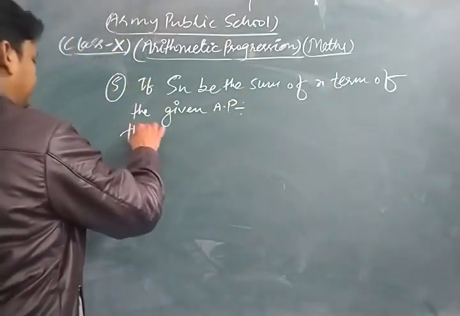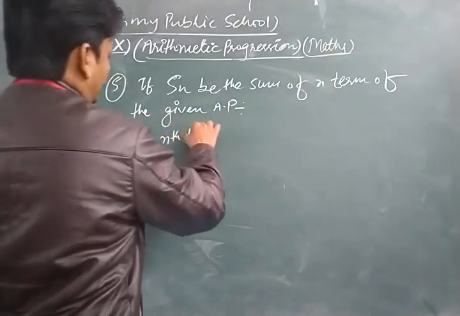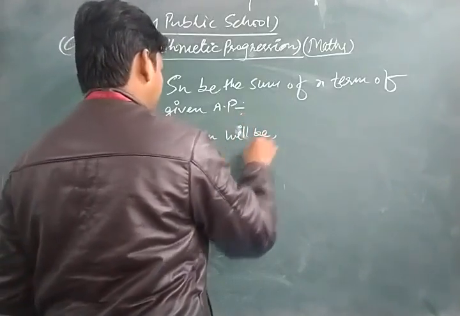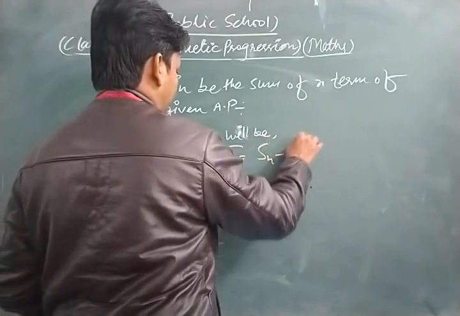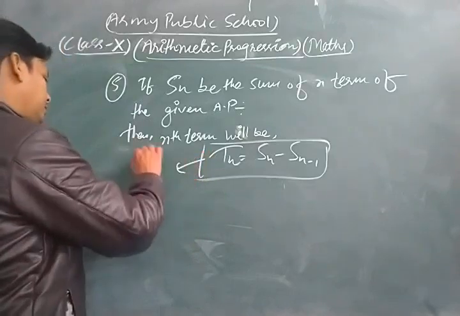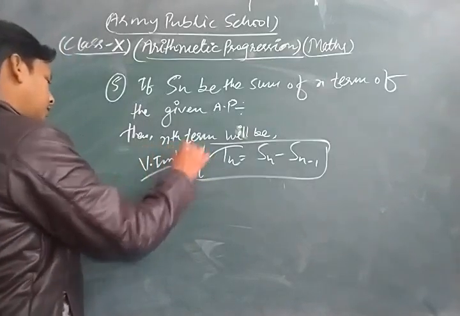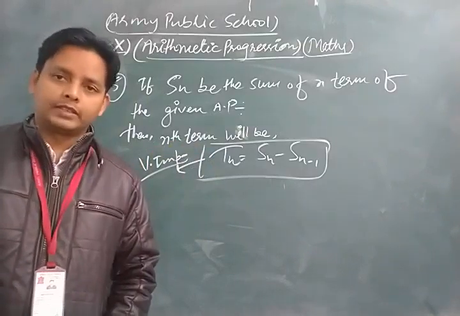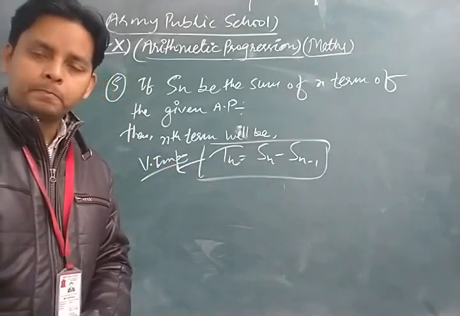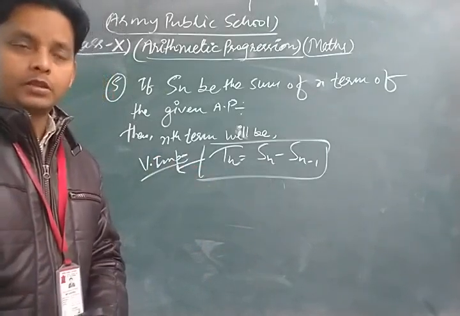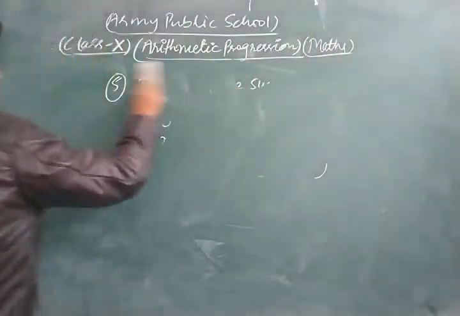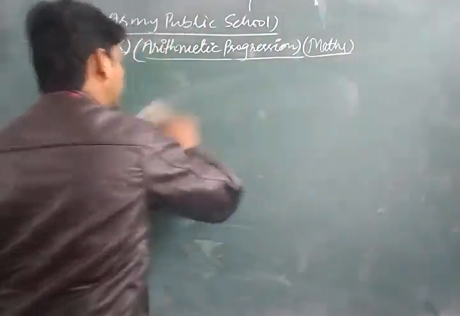Then the nth term will be Sn minus Sn minus 1. This is a very important formula for that concept. Okay, so in this way, with the help of this formula, you can find the nth term if the sum of n terms is given. Now we take some questions based on all these formulas.